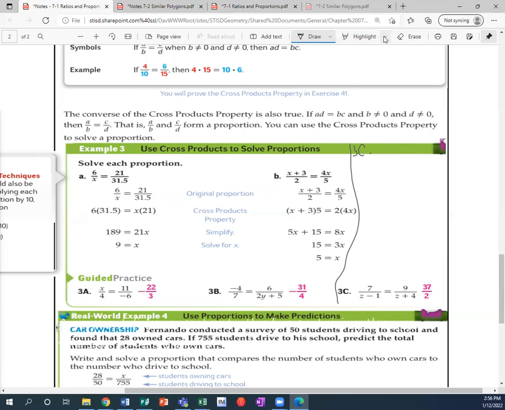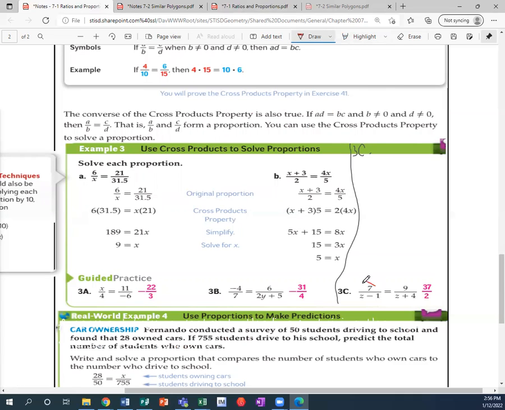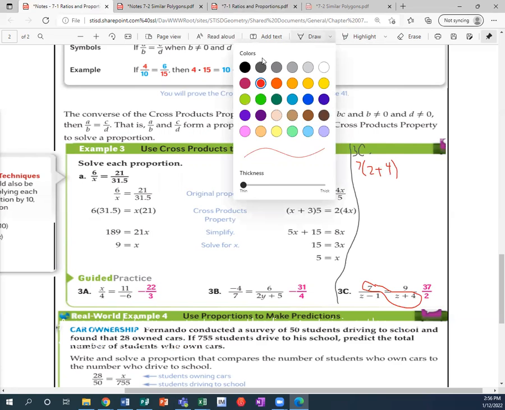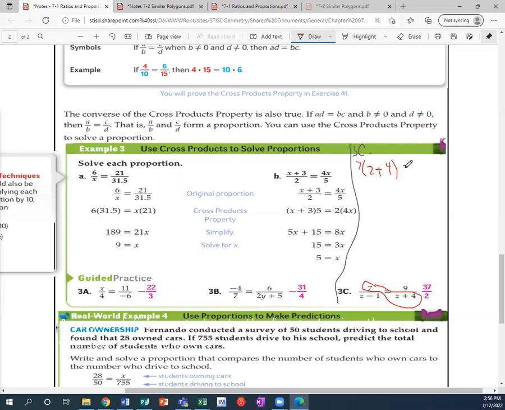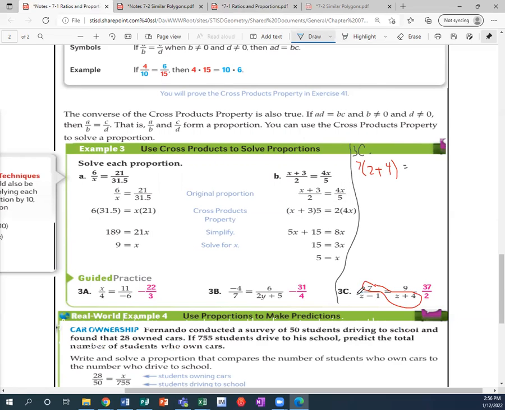All right, so I am going to get my extremes, and that's these. I'm going to circle those in one color, and I'm going to multiply them together. 7 times z plus 4. And that's equal to whatever I get when I multiply the means together, which is this group and this group.